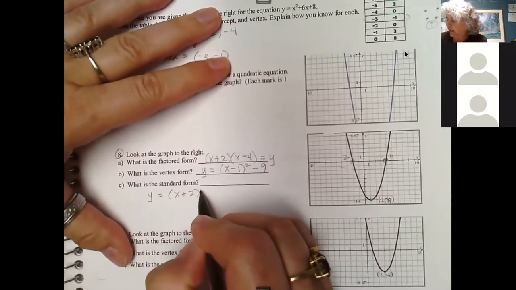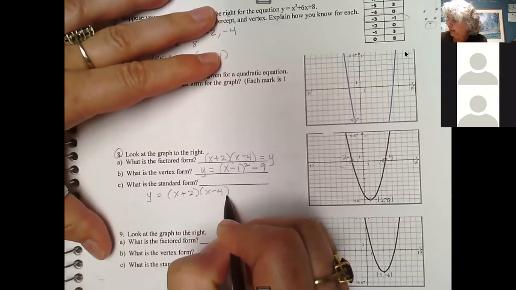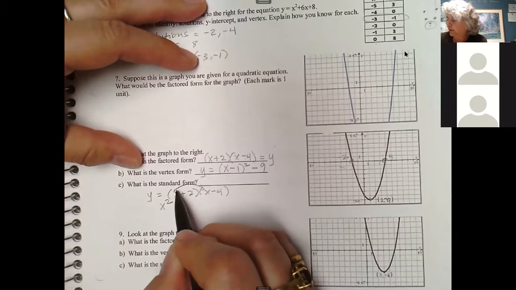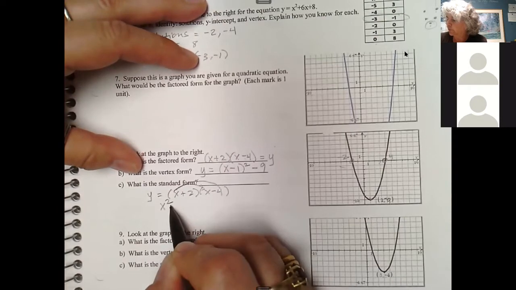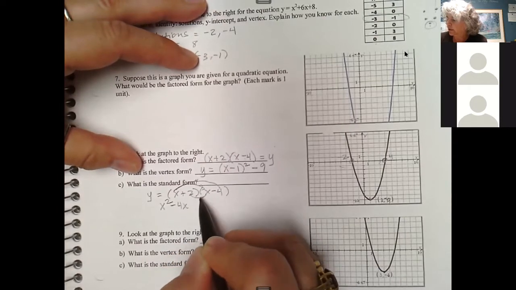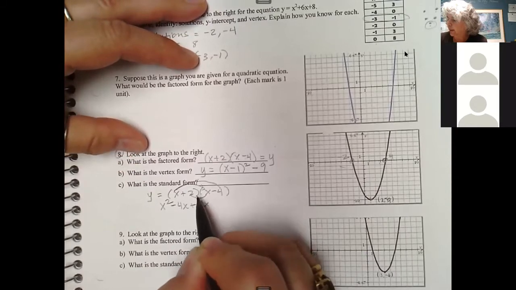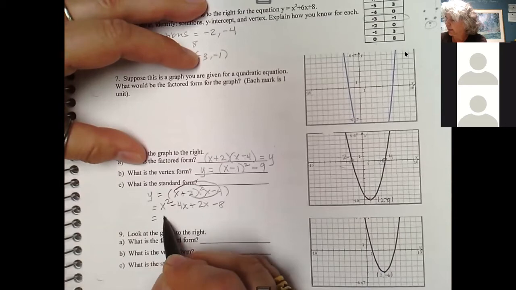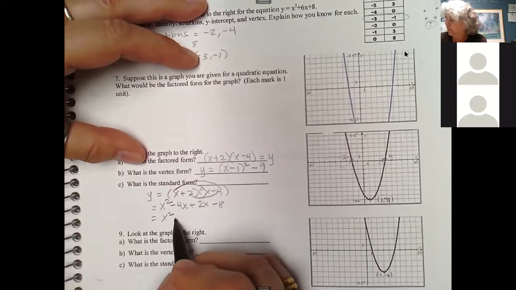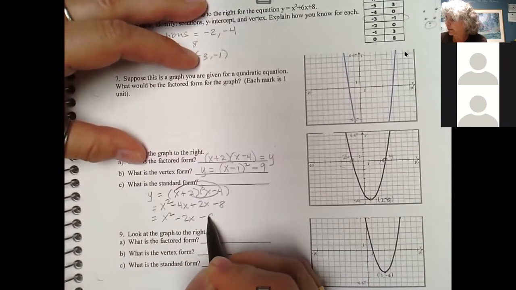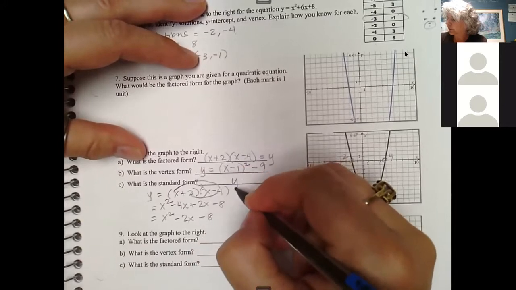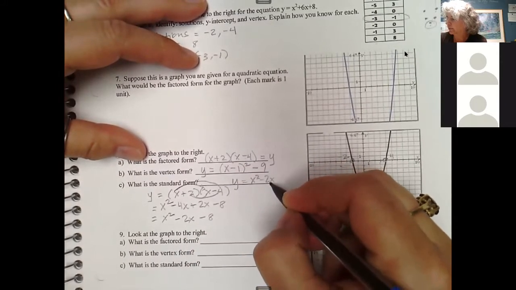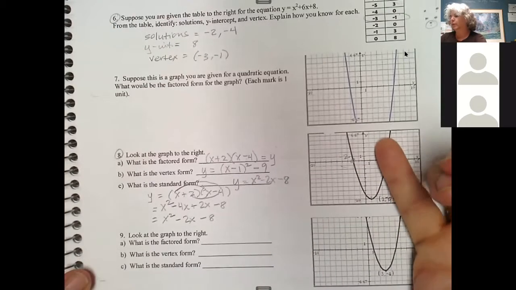So x times x, I get x squared. x times -4, I get -4x. 2 times x is 2x, and 2 times -4 is -8. And so I get x squared minus 2x minus 8. I'm going to write that here: y equals x squared minus 2x minus 8. That's my standard form.